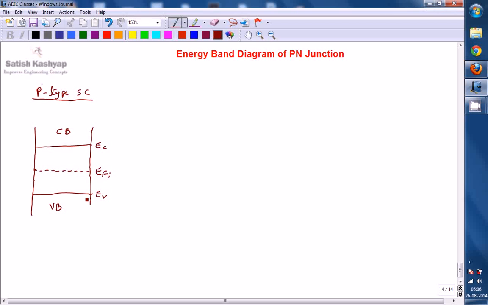So the Fermi level moves towards the valence band to indicate that the number of holes is more in p-type compared to the number of free electrons in the conduction band. So this is what you are going to get.